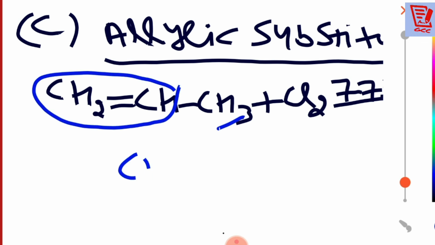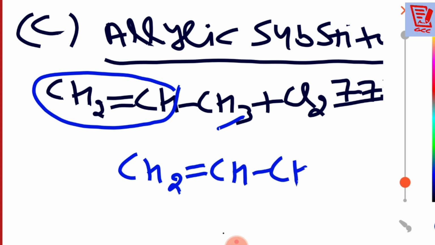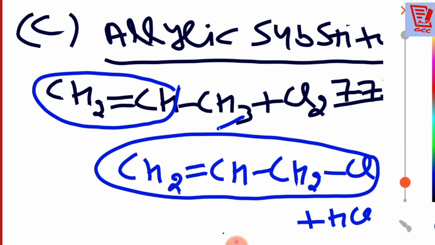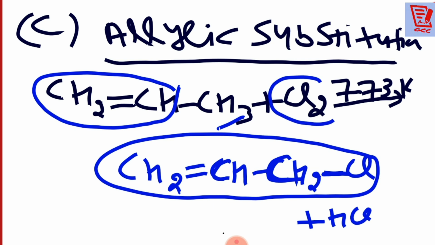So it becomes CH2=CH CH2Cl, and this is called allylic halide, because the carbon where the halogen is attached is further attached to a double bonded carbon. Clear? Same way, students, you can give this reaction with Br also.